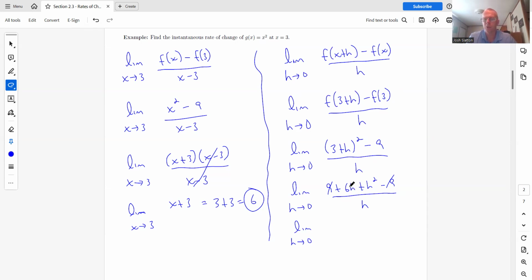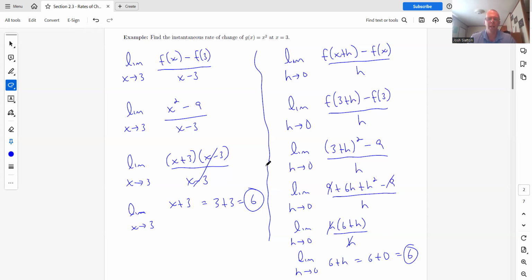So you should just be left with terms with an h in the numerator, and then you can factor them out like we're going to do here, and then that will cancel with the h on the bottom. So we have the limit as h approaches 0 of 6 plus h. We can just plug 0 in because this is continuous. We can plug in the 0 and then we get 6. We already know the answer was 6, but this is just another way to get it.